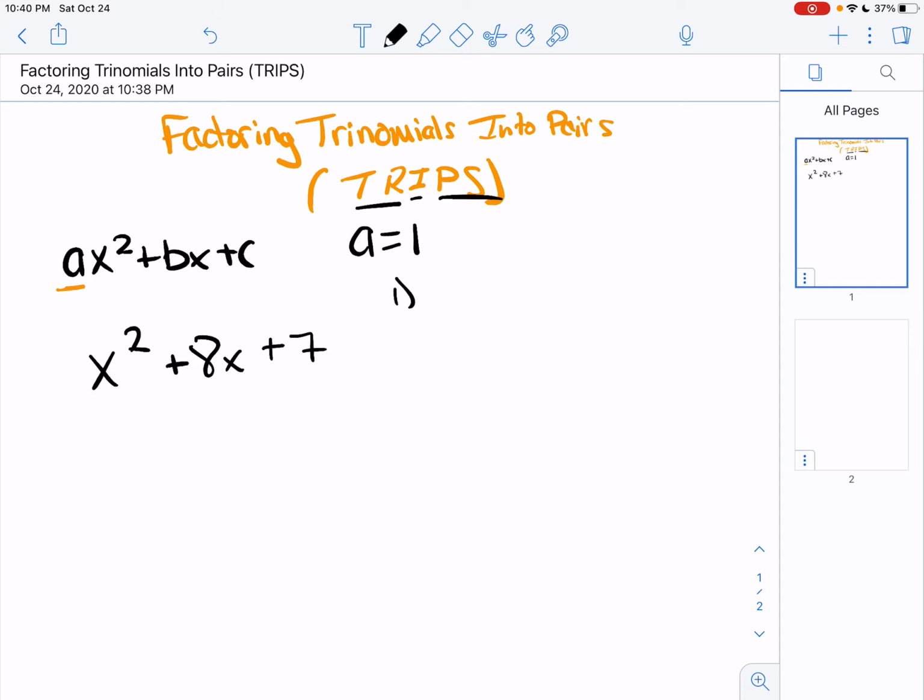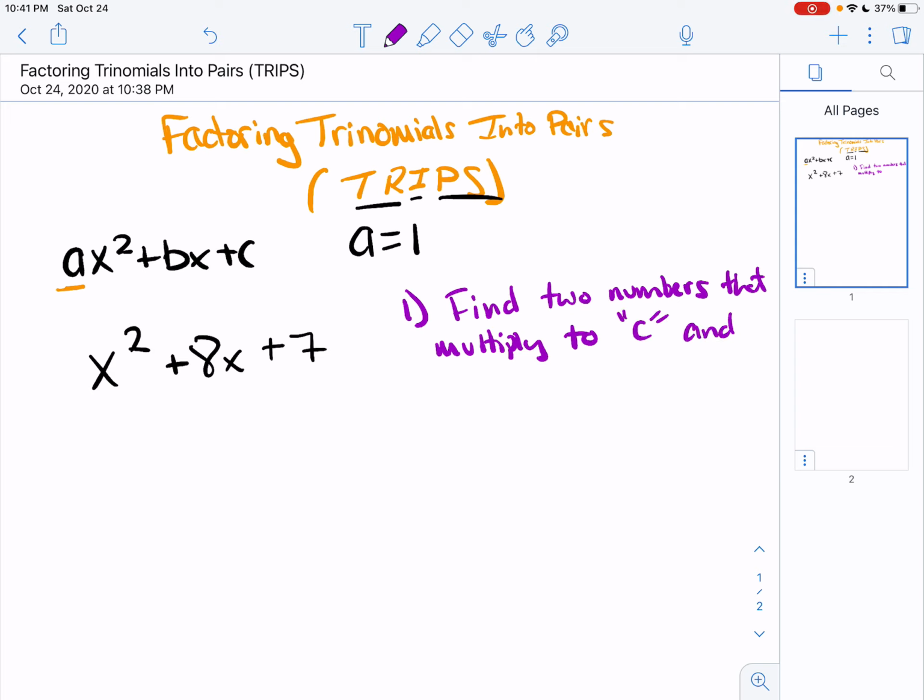So step 1: we need to find two numbers that multiply to C and add to B. What I mean by that is we need to find two numbers that will multiply to the last term, the constant, and will add to the coefficient of x, which is the middle term.